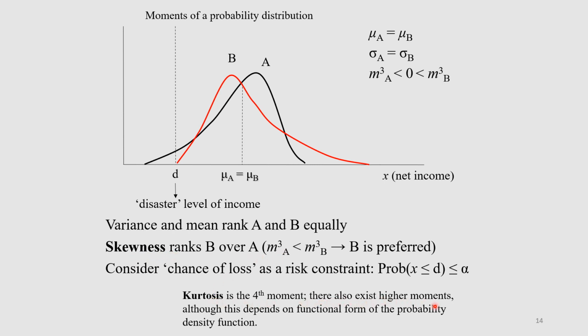There also exist higher moments, although this depends on the functional form of the probability density function. Remember, these are levels of income, and we get the distribution of utility from these. That tells you how often you're within these net incomes.